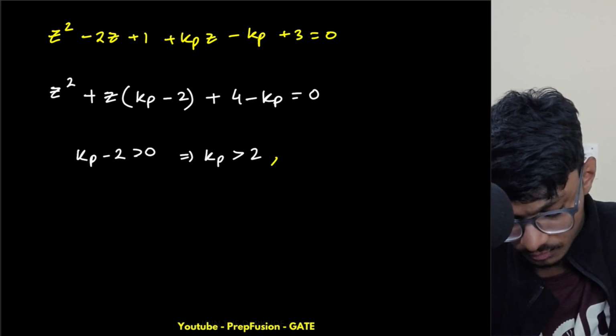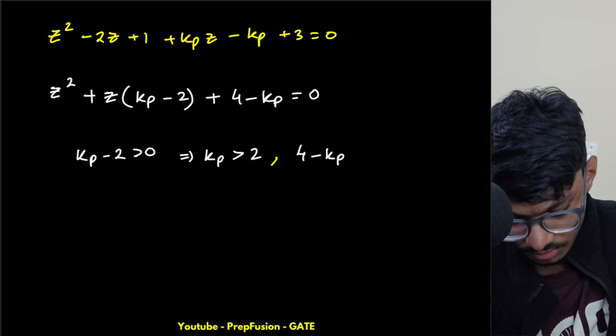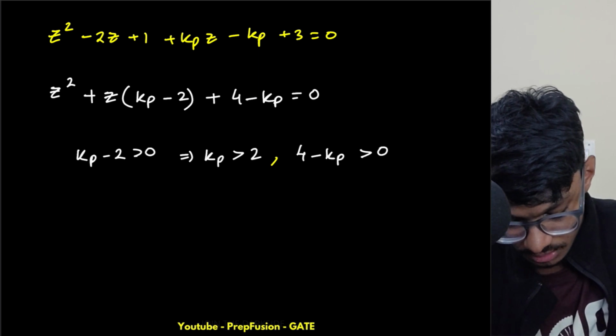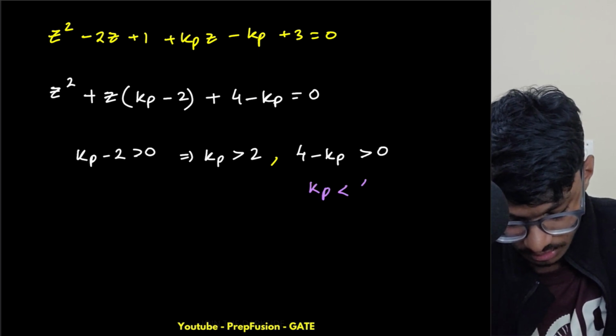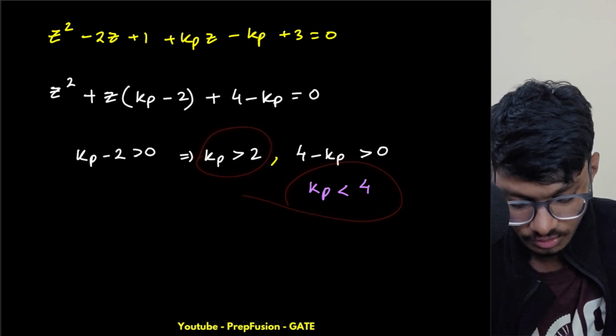Now 4 minus Kp has to be greater than 0. That means Kp has to be less than 4. So these two conditions are here: Kp has to be greater than 2 and less than 4.